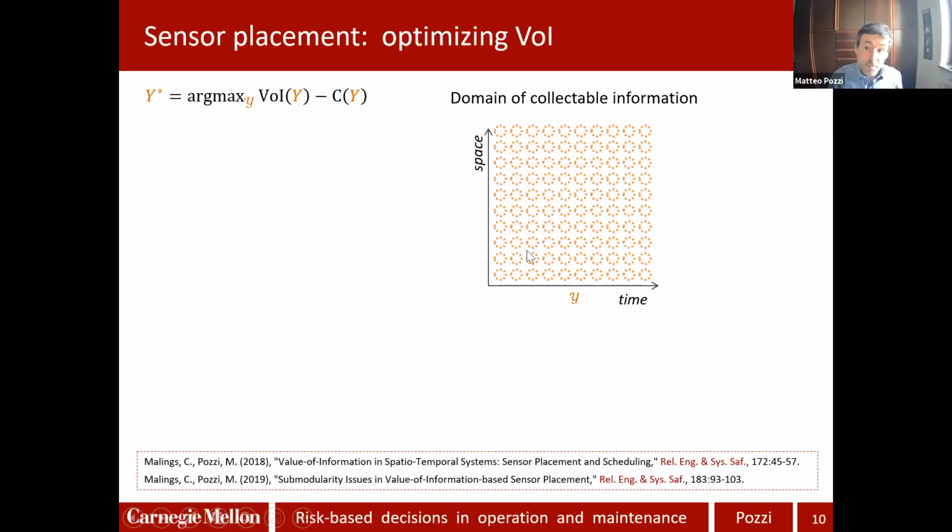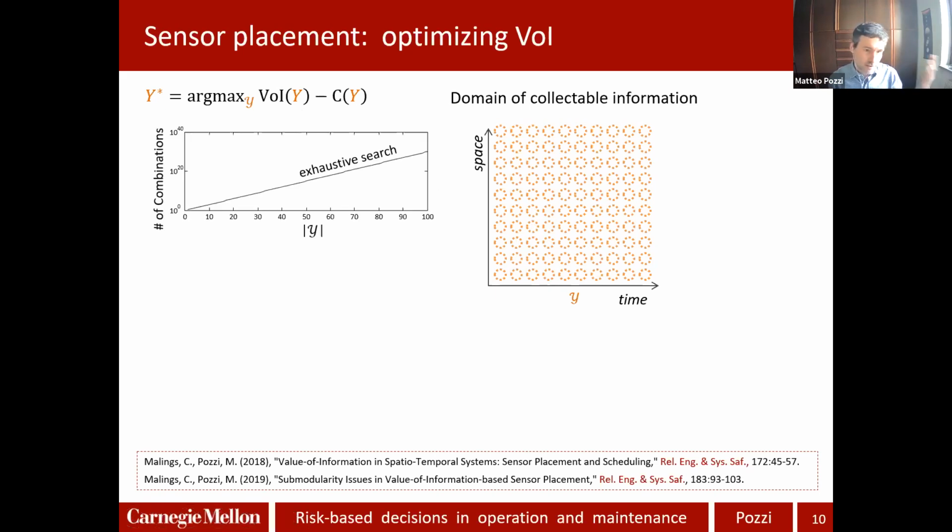Now, in the domain of collectible information, maybe in time and space, you can assess this function for all possible combinations of, let's say, sensor networks. But of course, this exhaustive search will be very demanding because of what is called combinatorial explosion in the different arrangements for the sensor networks.